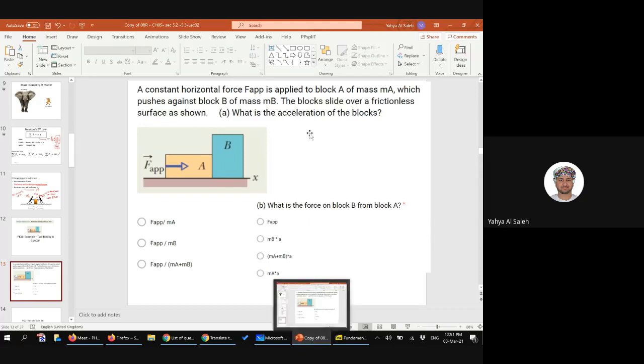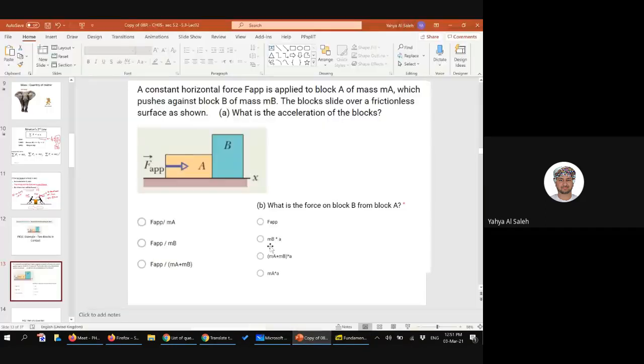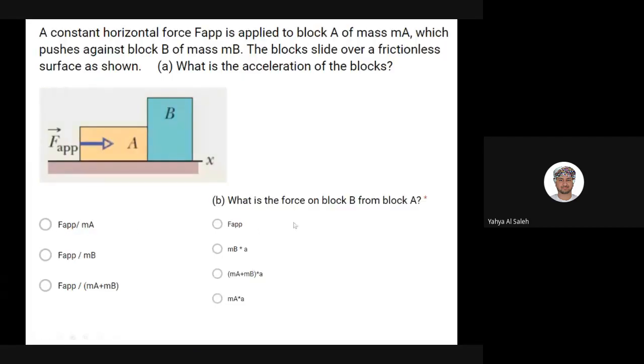In the book, it is sample problem 5.07 with numbers, but to start with, we'll just look at the idea. A constant horizontal force, F applied, is applied to block A of mass MA, which pushes against block B of mass MB.